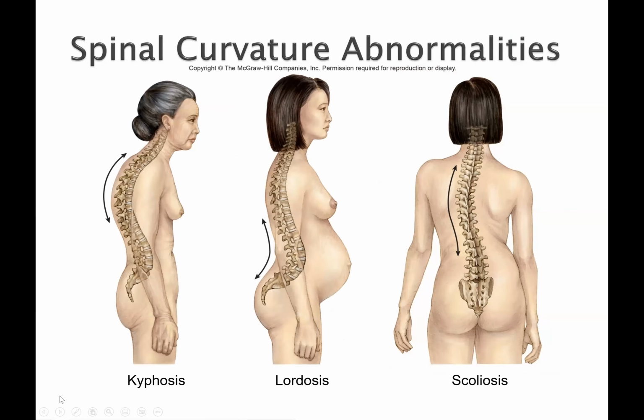There are curvatures that are not normal. These are spinal curvature abnormalities. So we talked a little bit about this last week, but some of these abnormalities include kyphosis. So you might have seen this on older people like your grandma, your grandpa.